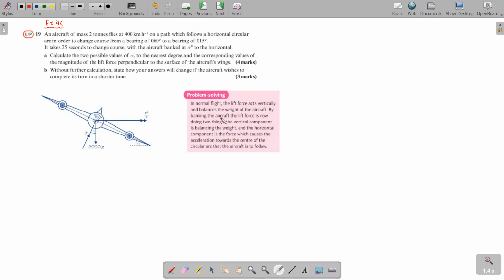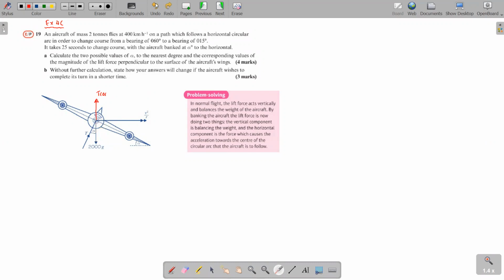Okay, so now the lift force is doing two things. You can take the component, and the vertical component is balancing the weight. Guys, can you see the vertical component? Here, the T cos alpha. Now you can see the lift force is acting upwards. When you resolve, T cos alpha is acting upwards, right?